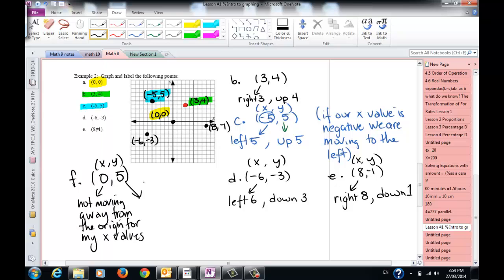The 5 is telling us to go up 5 units. So I start at my origin, I don't move anywhere horizontally, but then I go 1, 2, 3, 4, 5. I put in my point. I'm going to label it, and I'm going to erase that, and I'm done.